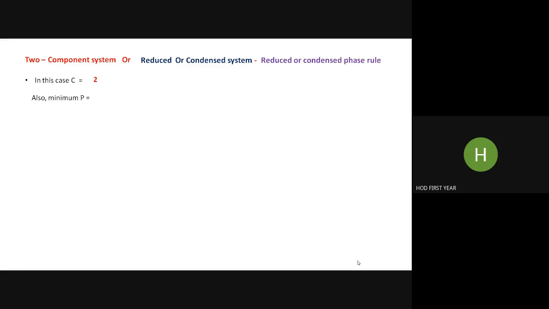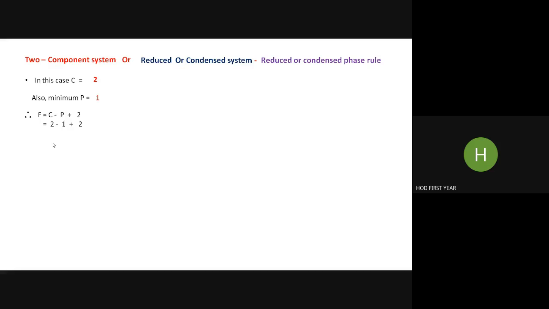Now minimum P. See, for any heterogeneous system, minimum P must be 1, at least one phase must be there. Then only we can call it a heterogeneous system. Therefore F is equal to C minus P plus 2. So C is 2 for a two component system, and minimum phase is 1.